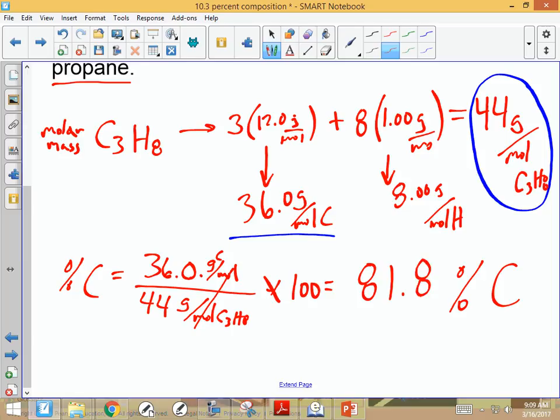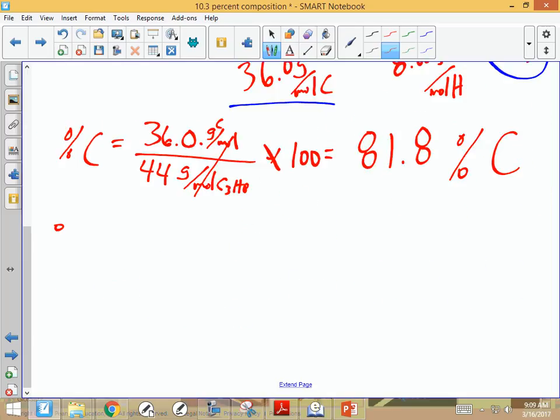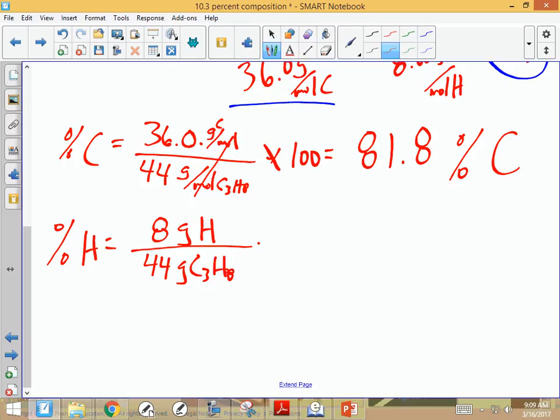Well, we have 8 grams right up here of hydrogen for every 44 grams of propane. So we got 8 grams of hydrogen for every 44 grams of propane. Multiply by 100, and you'll get your percent of hydrogen.